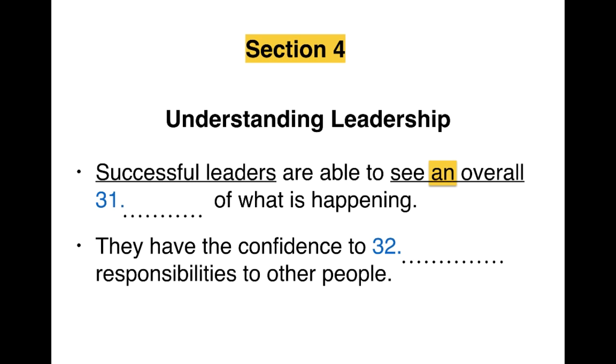They have the confidence to something, responsibilities to other people. And I'll underline confidence to. It's going to be a verb after that, so I've highlighted the word to as well. To something, responsibilities. Okay, so now I'll read the transcript of this recording and see if you can put the 2 correct words in those gaps.